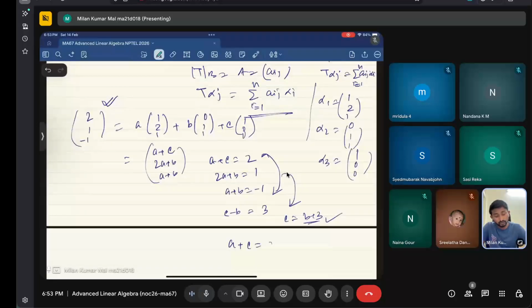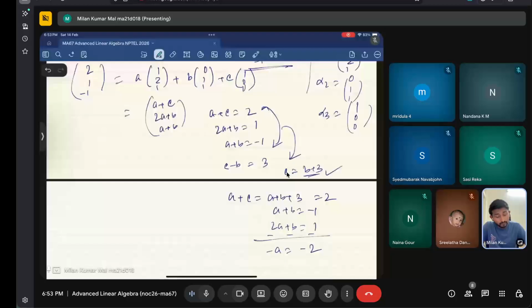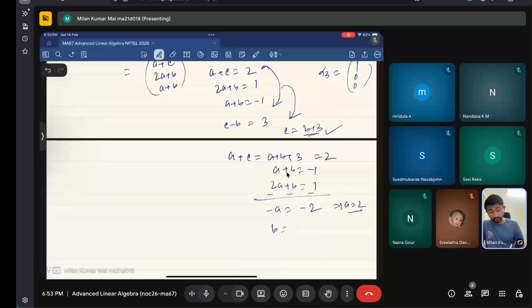So A is equal to 2. B is equal to minus 1 minus A, that is minus 3, and C is B plus 3, that is equal to 0. So C is 0.